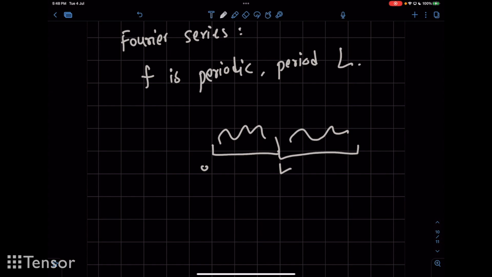So now we have a function that is periodic with period L. Then the Fourier series tells us a way to write the function as a sum of plane waves.